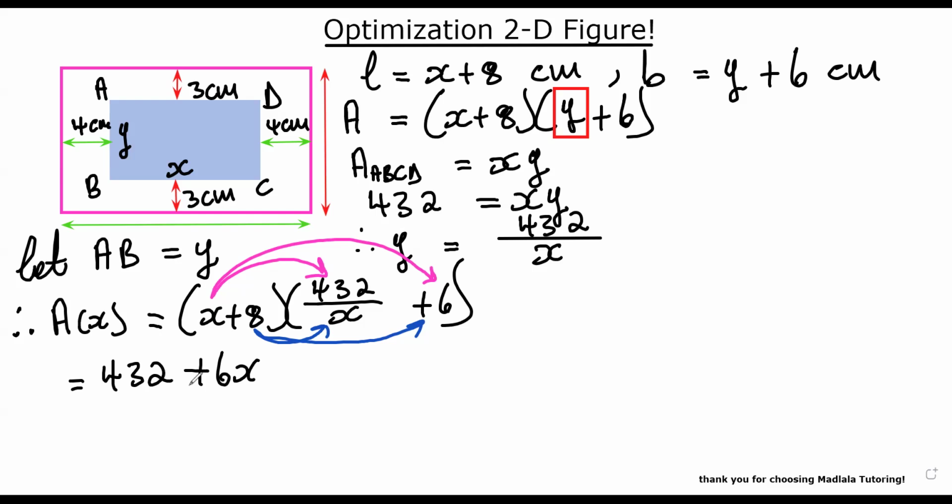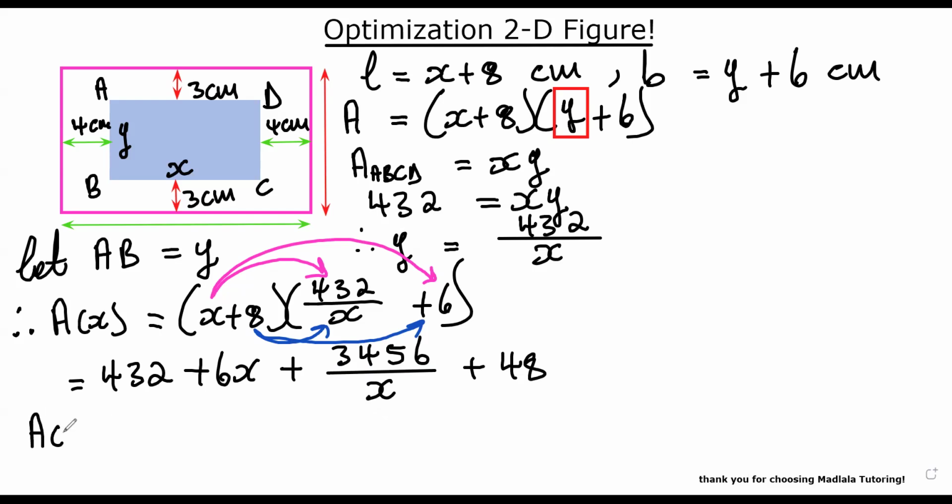And how much do you get when you say 8 times 432? Well, you simply get 3456 divided by x. And then 8 by 6, it's a nice 48.